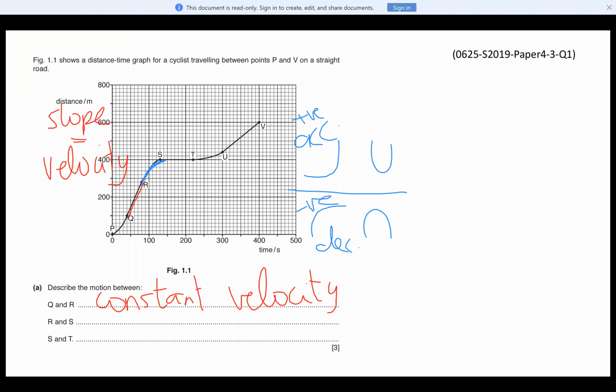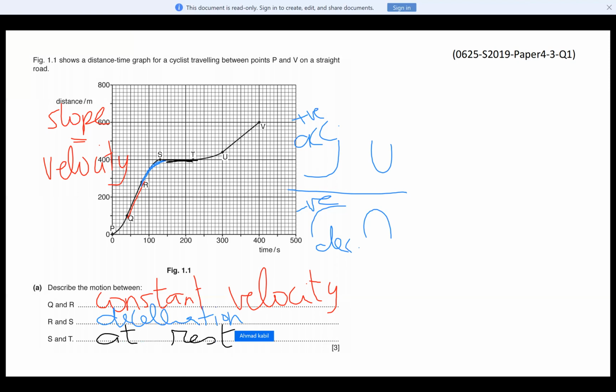So between R and S, we know that we have deceleration because we have a frowning curve. And finally, for S to T, the distance doesn't change at all. So this is zero slope, so the velocity is zero. And that tells us that the cyclist is at rest.